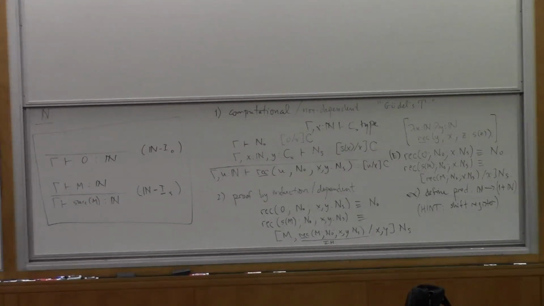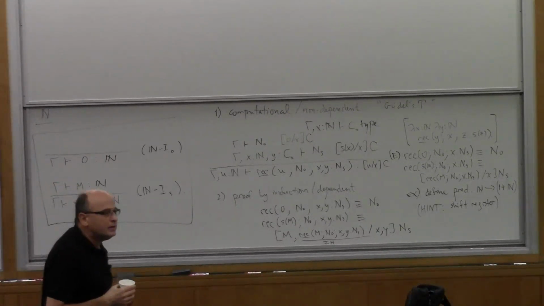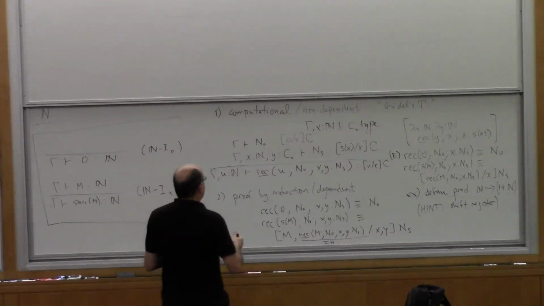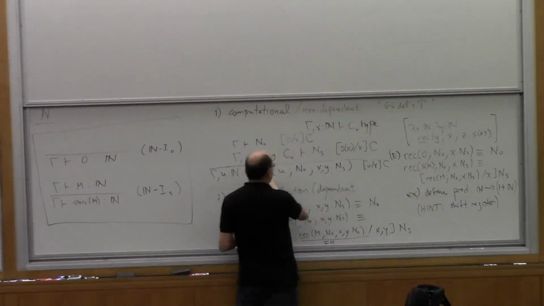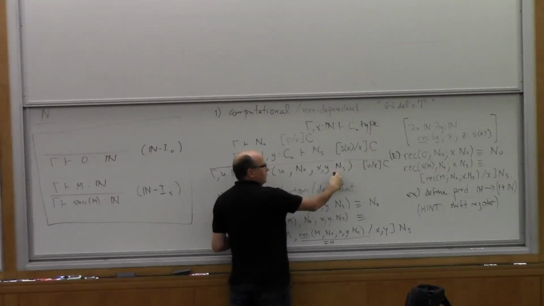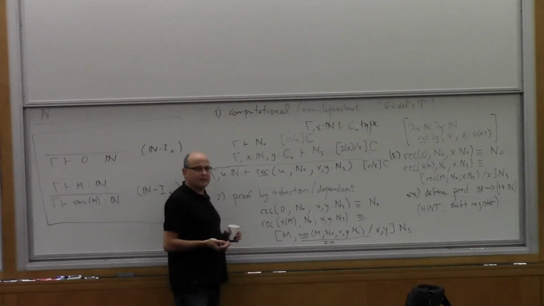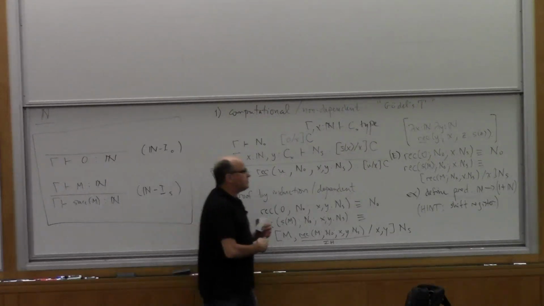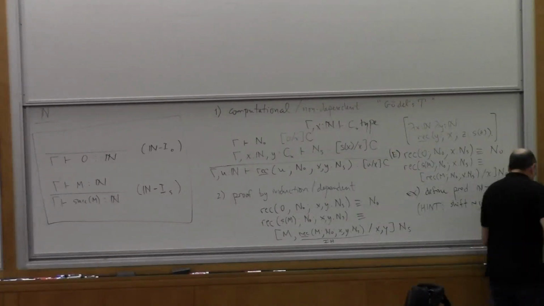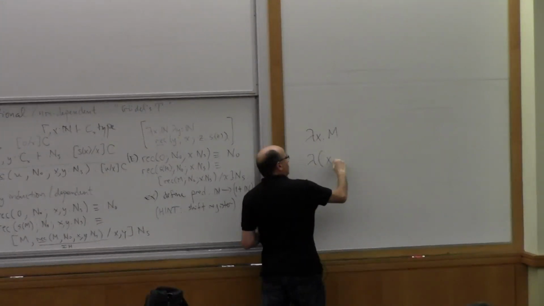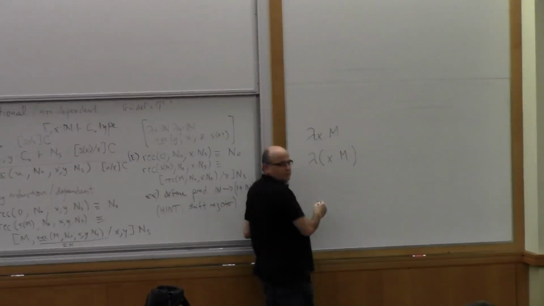Another question? Why do you write x comma y dot ns? Oh, it just means this is my notation for a multi-argument operator, rec, where these two variables are bound in here. I don't know what notation Frank used, but it must have been something that looked like that. It's a generalization. When you write lambda x dot m, you can think of that as the operator lambda with one argument x in m.